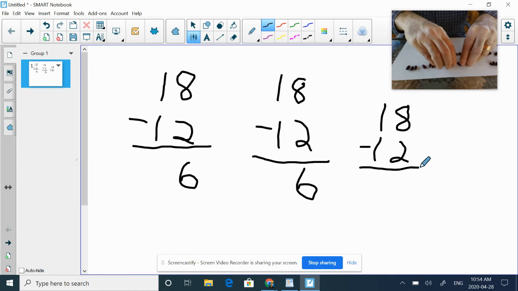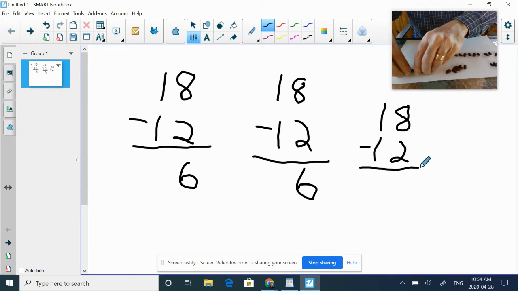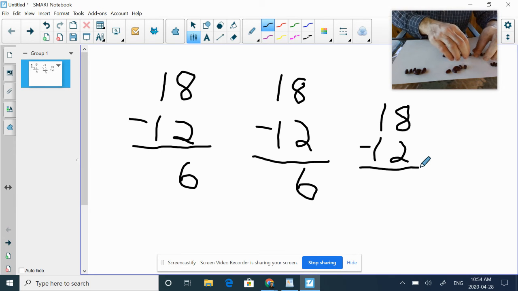and I do another group of 6, I do a final group of 6, and then I come over here, and I'm going to match up my group of 6 again, and I'm going to match up my group of 6 again.